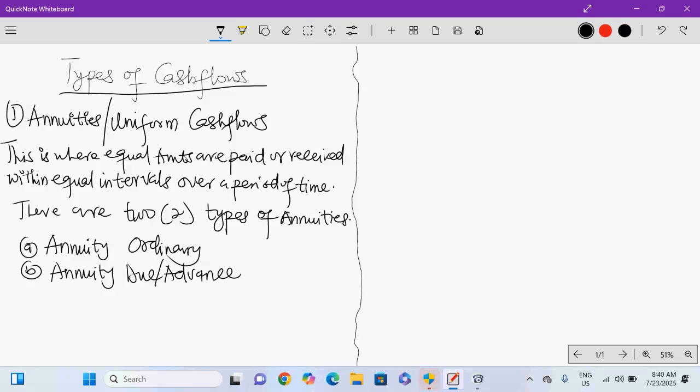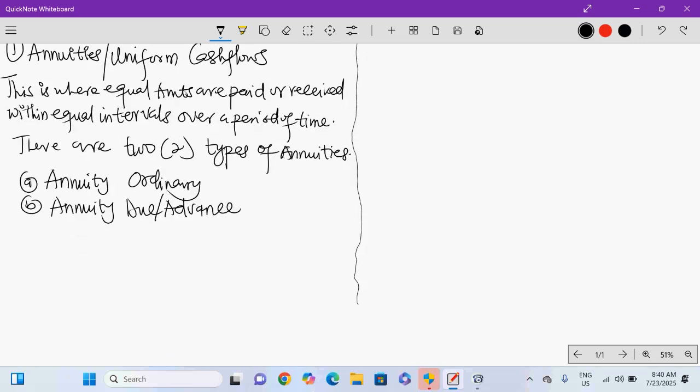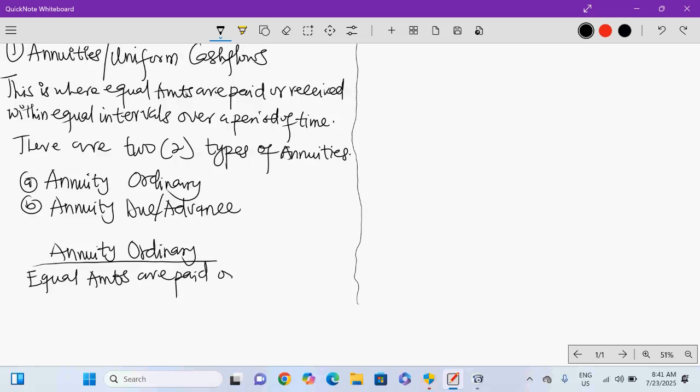So what is the ordinary annuity talking about? The ordinary annuity is when equal amounts are paid or received at the end of the period, right? Here, paid or received means either you are paying it or you are receiving it.